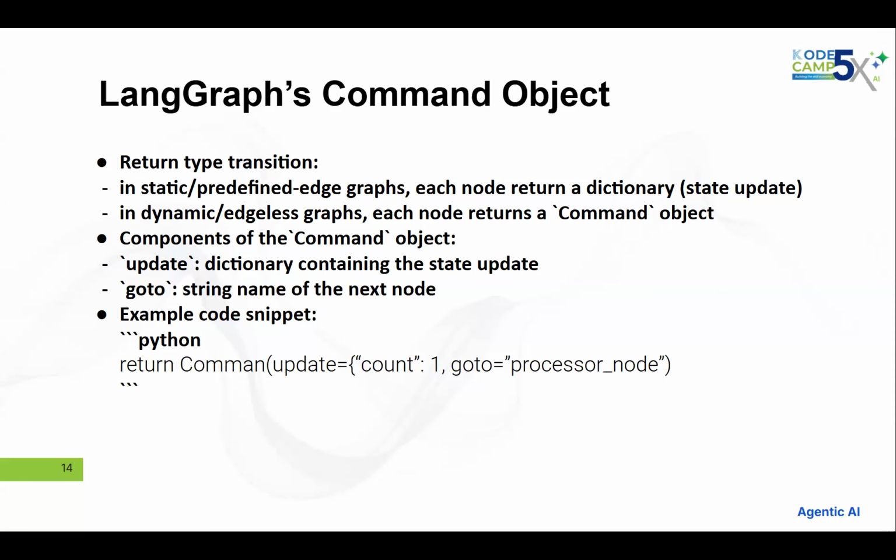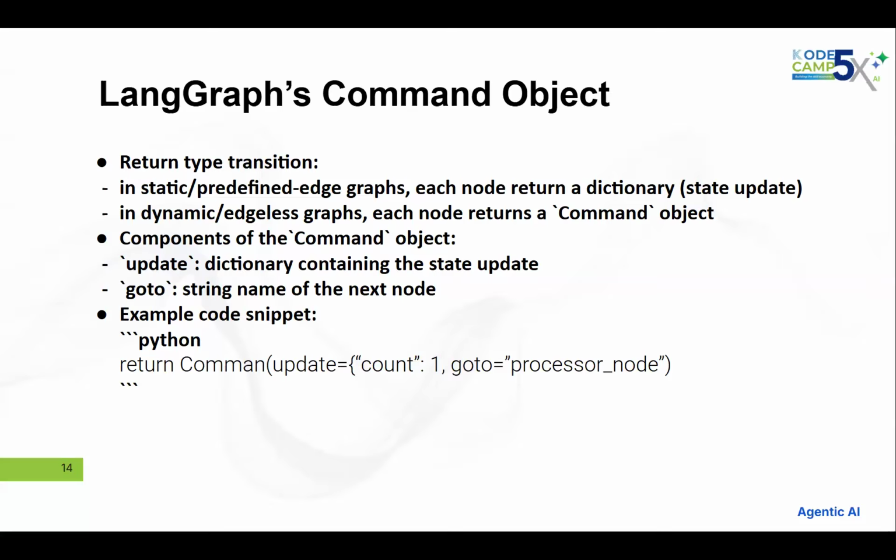And then it has a goto, which is a string: the name of the next node.